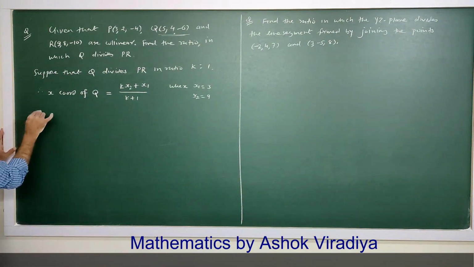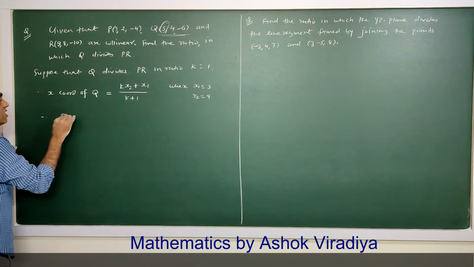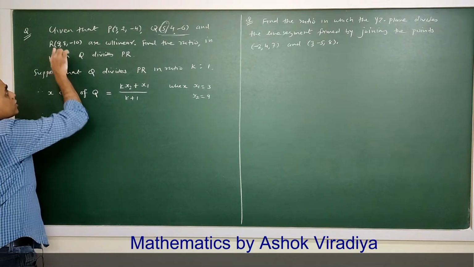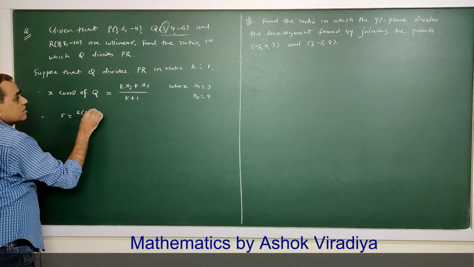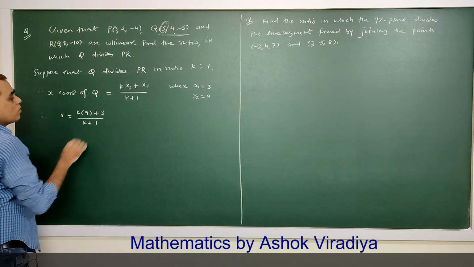The x coordinate of Q is 5. So 5 is equal to k into x2, x2 is 9, plus x1 upon k plus 1.